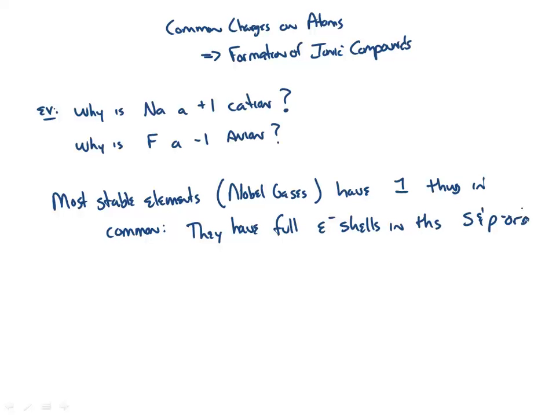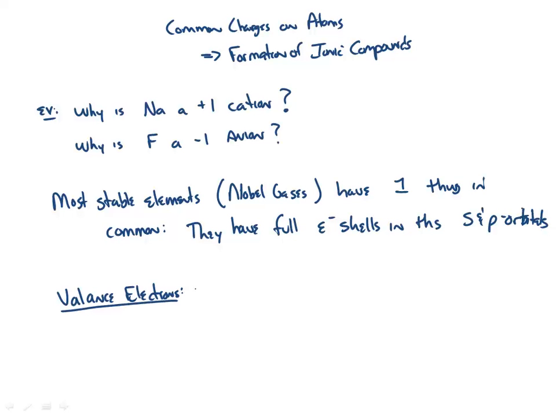Now technically they also have full electron shells in the d and f orbitals, but as you get down in the noble gases, they become a little bit less noble, and they violate those rules just a little bit. So when we talk about this, we're really going to focus on those s and p electrons, or those electrons in those s and p orbitals. We have a special term for those. They're called valence electrons.